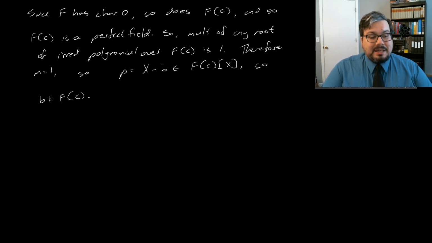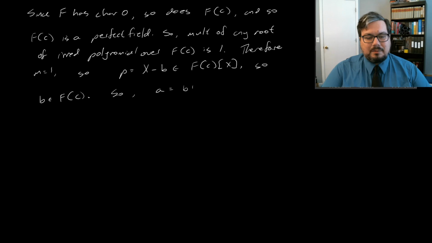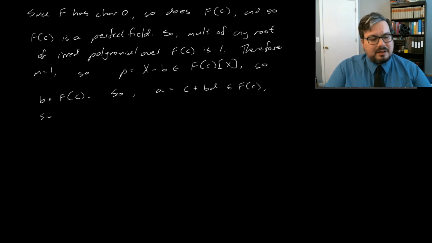So we get that b is contained in F(c), so that means that a, which is equal to c plus bd, is also in F(c). And so that means that F(a,b) is contained in F(c), so F(a,b) equals F(c).